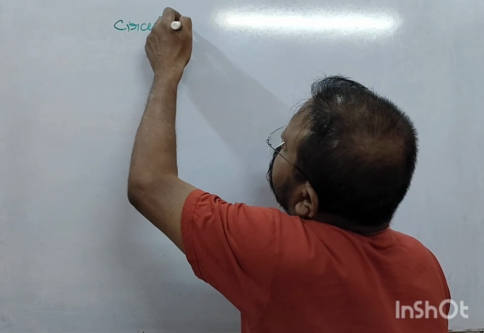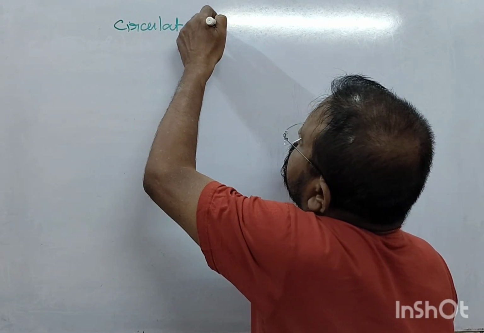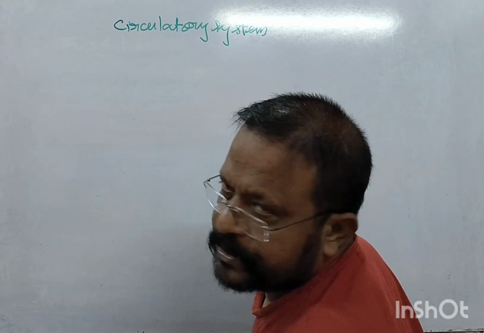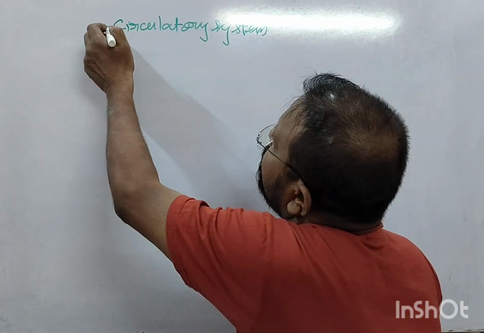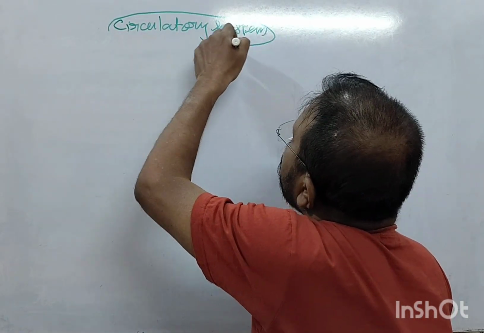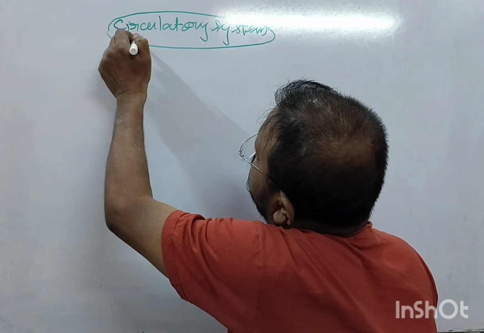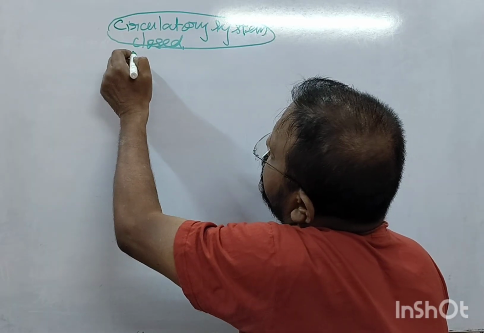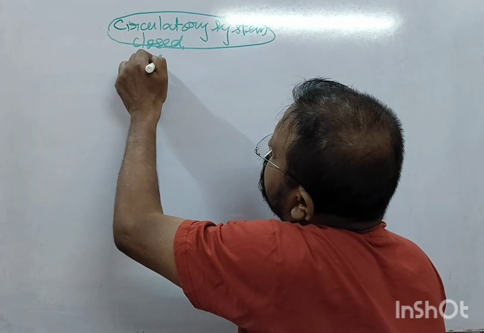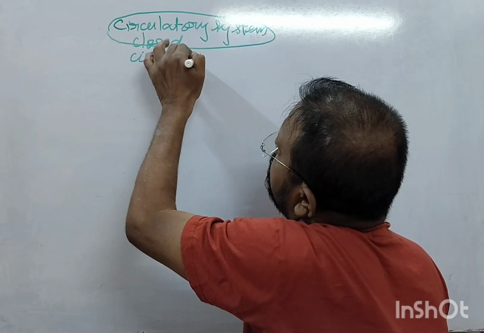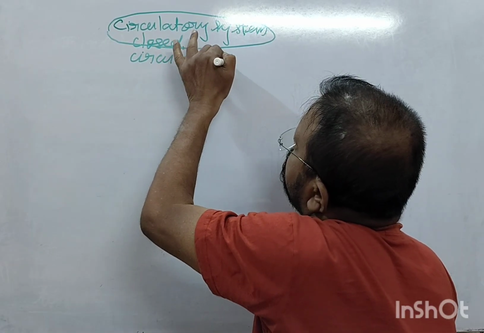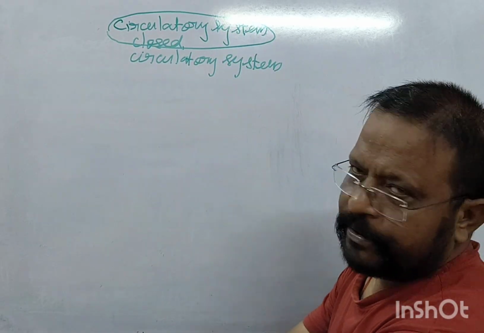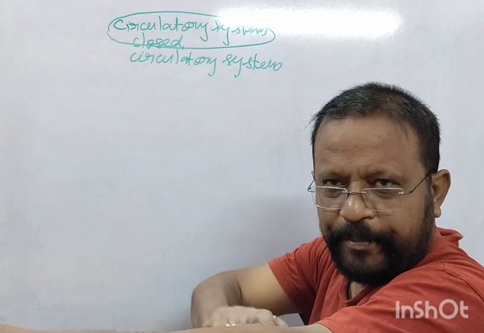Circulatory system. In humans, it is a closed circulatory system. मतलब blood is not flowing in our body like this, keep on flowing.